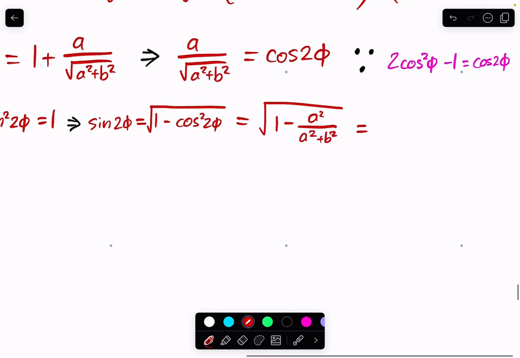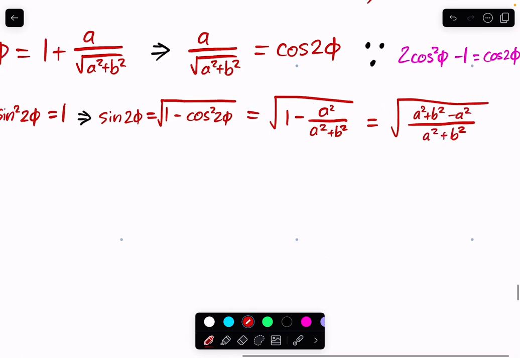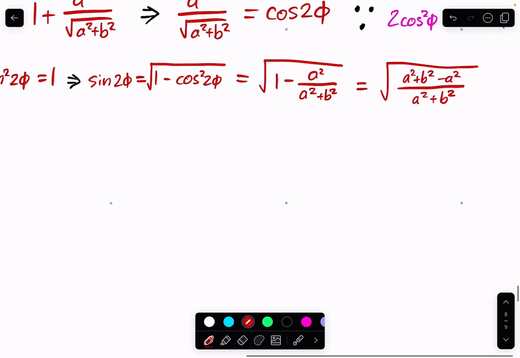And if you simplify this fraction, you end up with the square root of a squared plus b squared minus a squared over a squared plus b squared, which ends up just being equal to b over the square root of a squared plus b squared.